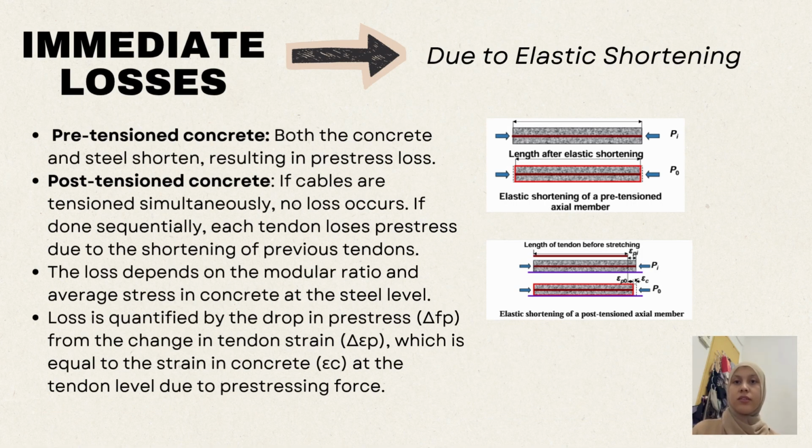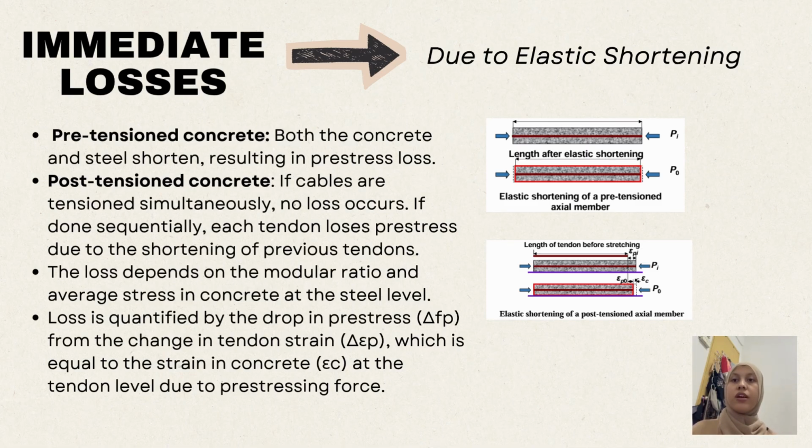The immediate losses due to elastic shortening. We have two cases, pre-tension concrete and post-tension concrete. In pre-tension concrete, both the concrete and steel are shortened, which results in pre-stress loss. For post-tension concrete, if the cables are tensioned simultaneously, there is no loss.